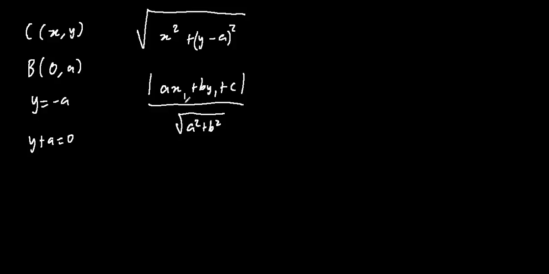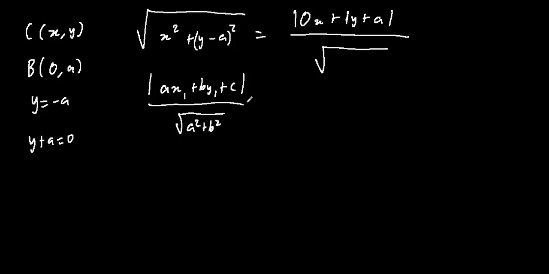So when I'm plugging it into this formula, it is equal to the absolute value. The coefficient of x here is 0, so I'll write this as 0x plus by. Now b is 1, so 1y plus a, all over the square root of a squared plus b squared.